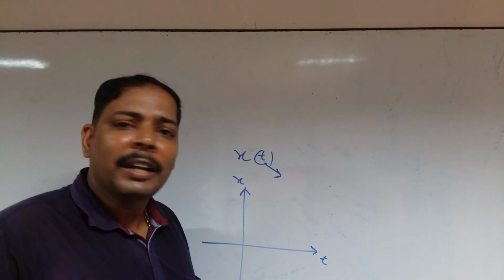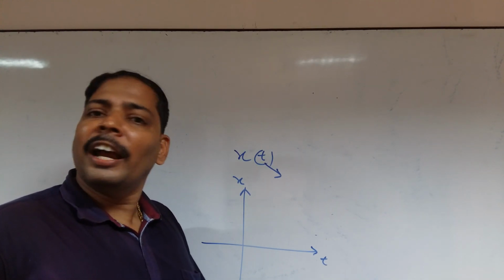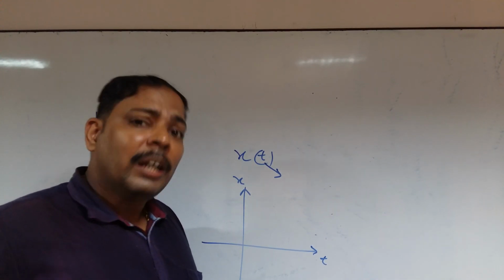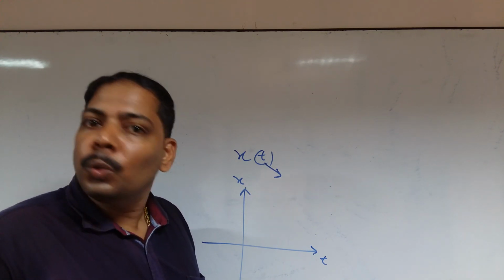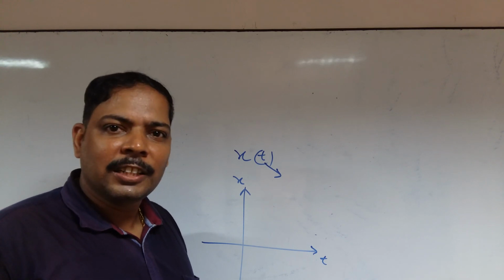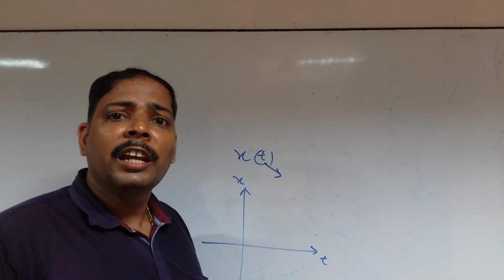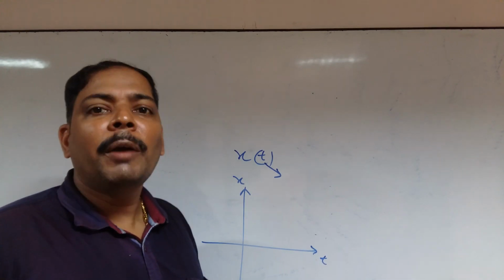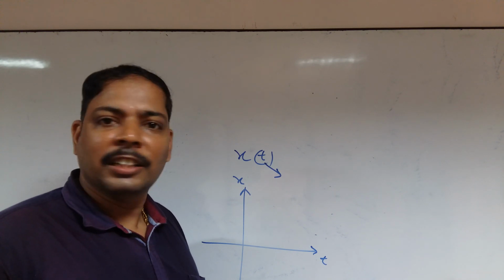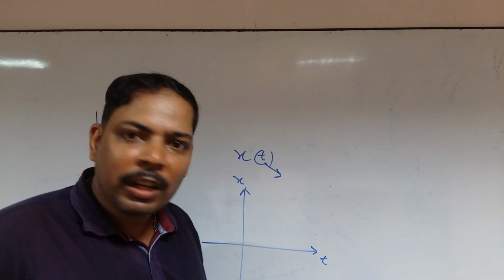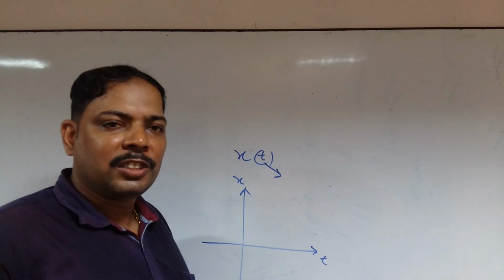So let me discuss these special kinds of signals, and we will discuss only one in today's class, which is the impulse, because it is very time consuming if I discuss all these special signals in one class. It's not possible, so we will cover them one by one. Let me first cover what is basically an impulse.